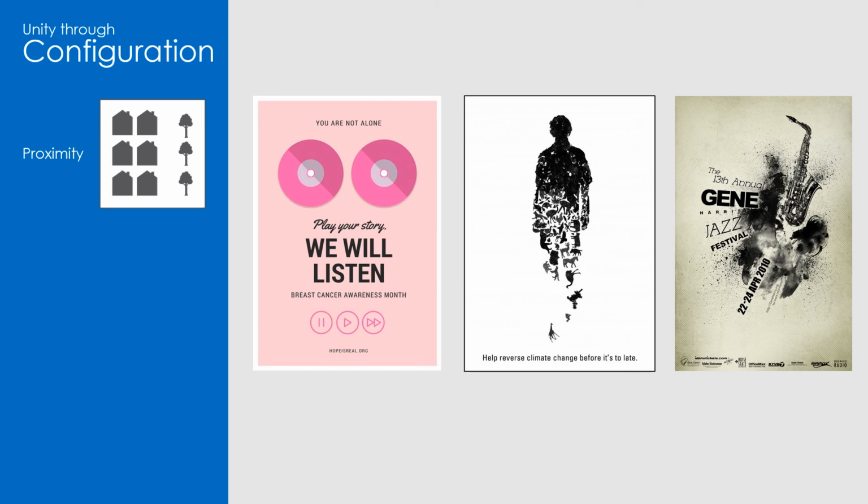Configuration and unity at play in the last poster with the saxophone. Again, your brain is naturally just going to group all of those different text elements and that sort of cloud aesthetic, right?